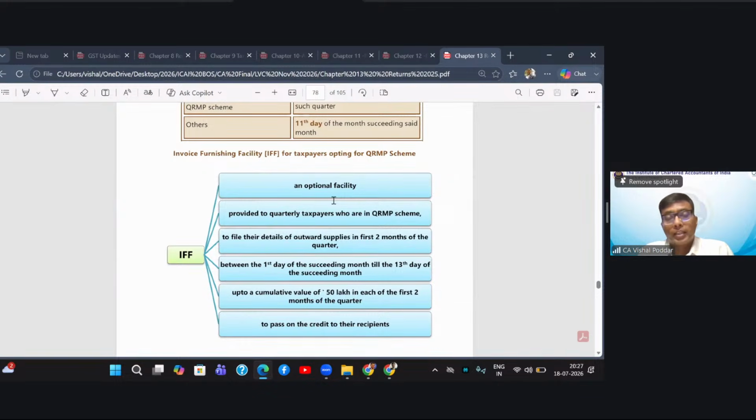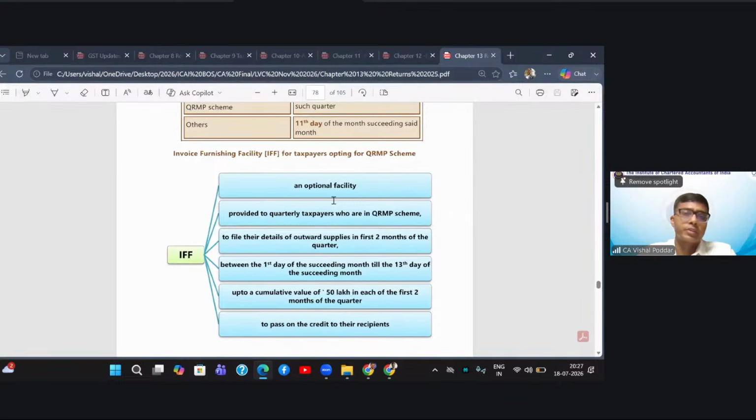Now, here there was a challenge. What is the challenge? If I'm filing my GSTR 1 monthly, my recipients to whom I am making outward supplies will get the ITC every month. But if I opt for QRMP, it is a facility to me, but it is disadvantageous because if I'm giving my quarterly return, that is GSTR 1, my recipients' ITC is also going quarterly.